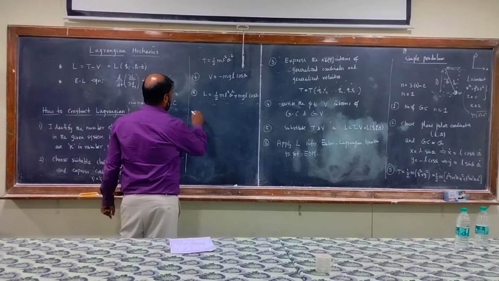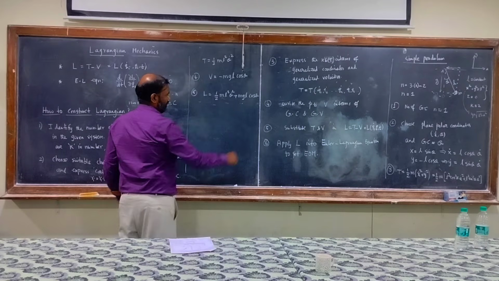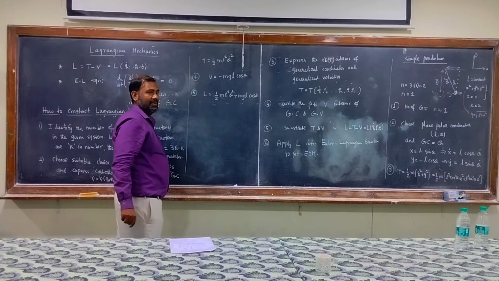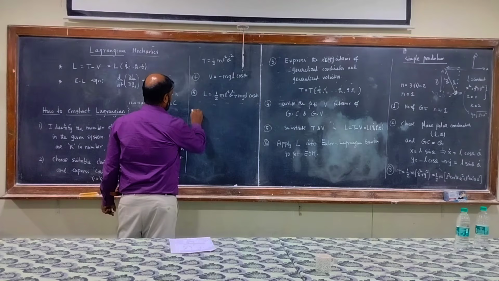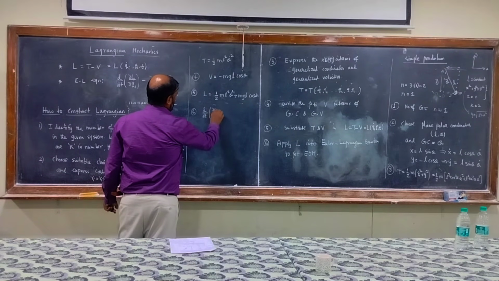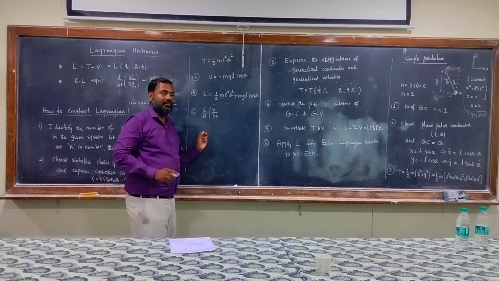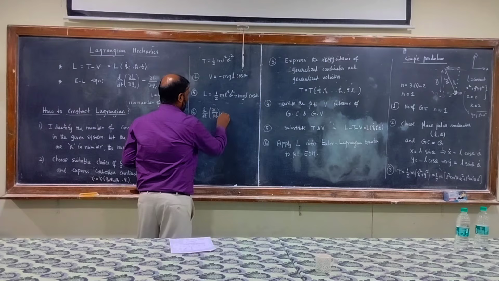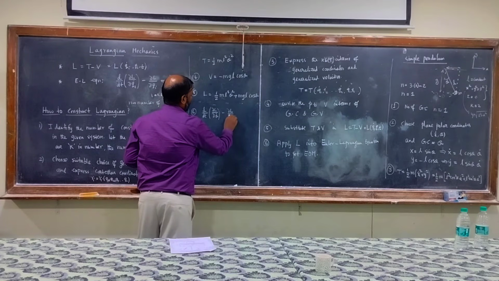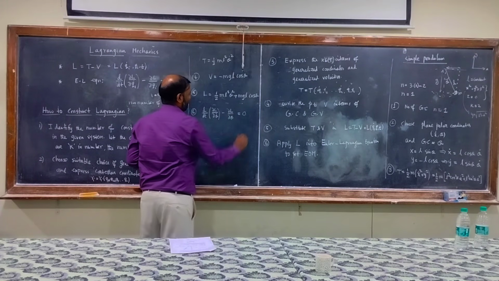Yes. So now I have the Lagrangian. Now the next step is to apply the Lagrange equation. What is that? d by dt of dou L by dou theta dot minus dou L by dou theta is equal to 0.